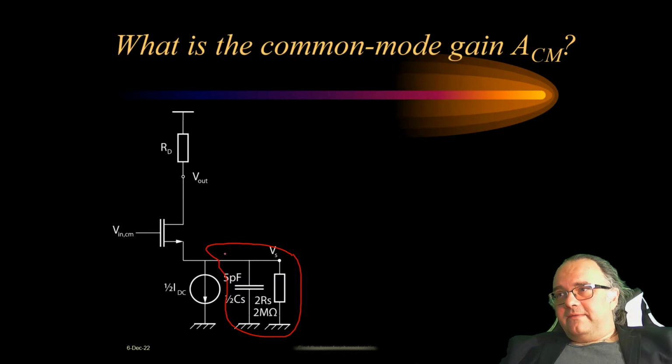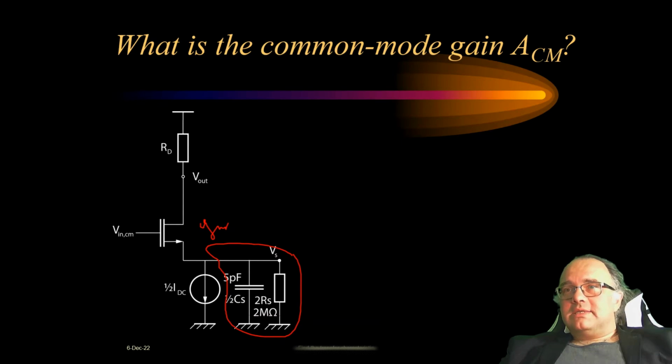If this is extremely large, so floating, then the gain will of course be 0. And if this is ground, so basically shorted through this capacitance for small signals to ground, then the gain will be very high, Gm of this transistor times Rd.